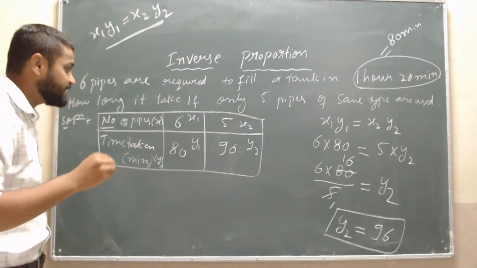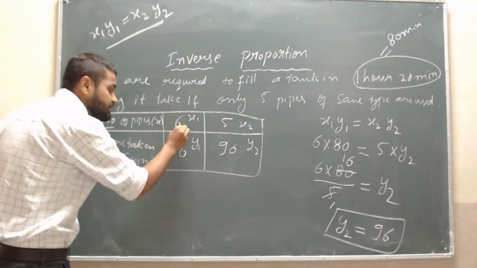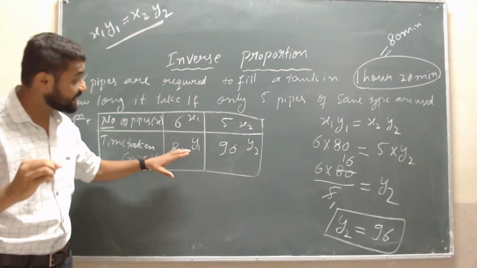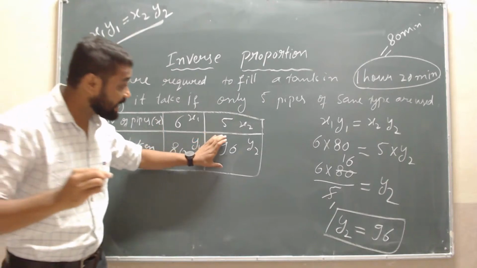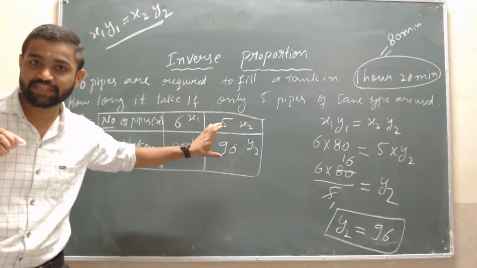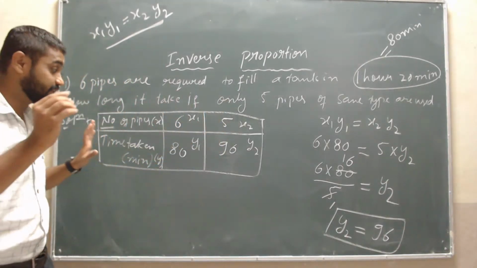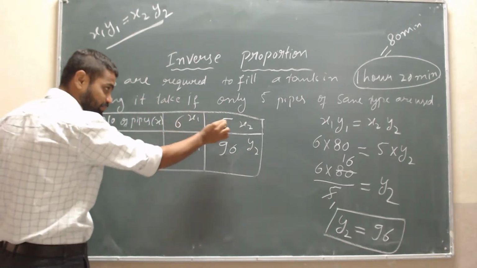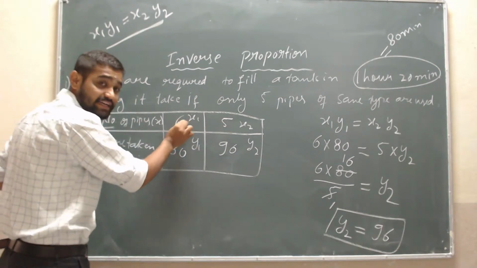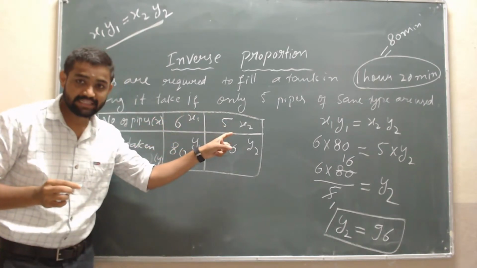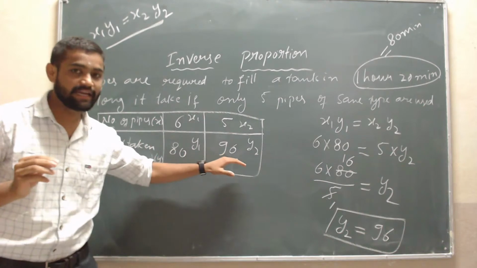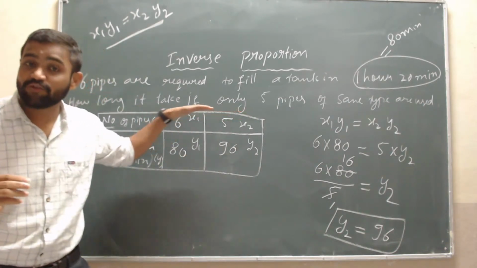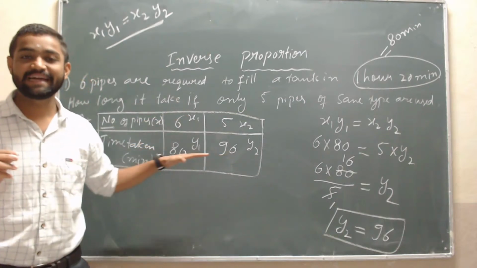Now concentrate here. 80 minutes will be taken by the 6 pipes and 96 minutes will be taken by the 5 pipes. See here, the pipes are decreasing, 6 to 5, but the time is increasing. As the x value increases, the y value will decrease, students.